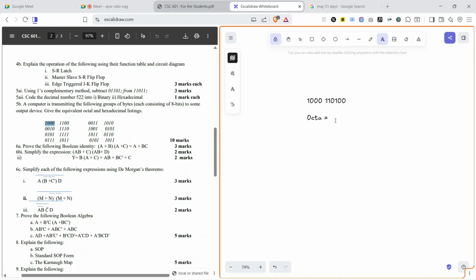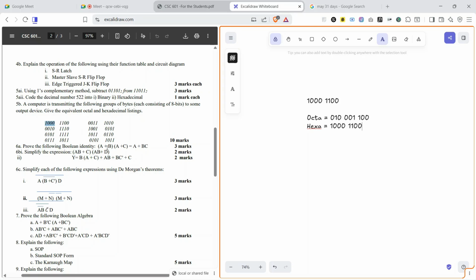So in grouping of 3, this is the octal representation, and the hexadecimal will be in grouping of 4, the same way, it is 1100. Then you write the equivalent result. That is how you would do it for each individual one that you have here.